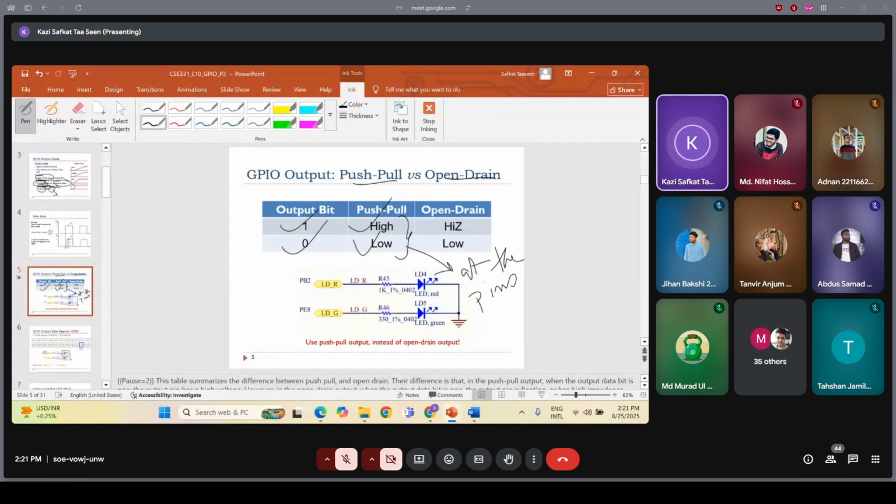So when the values are valid internally, the values are also valid at the pins externally. But that doesn't happen with open drain. With open drain, whenever the output bit is 1, at the pin you get a high impedance value because the MOSFET was open. We replaced that using an open switch that offers a high impedance to the external circuit. That's why we don't go for open drain.